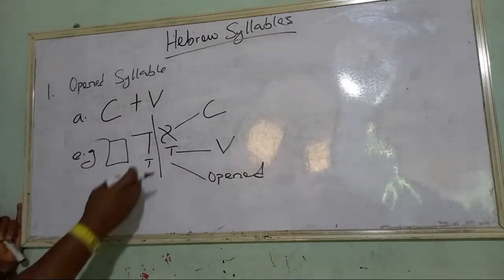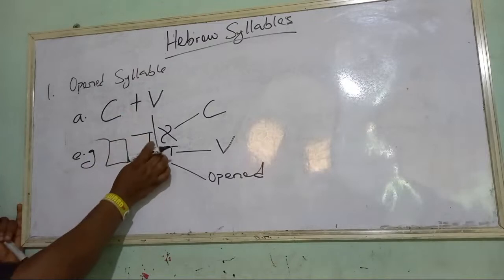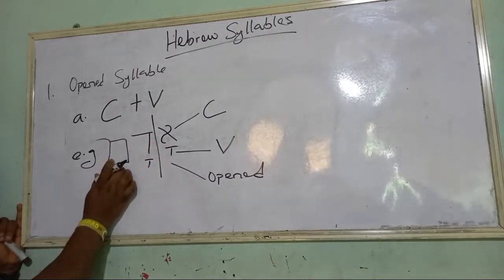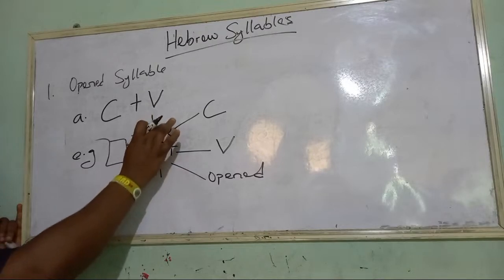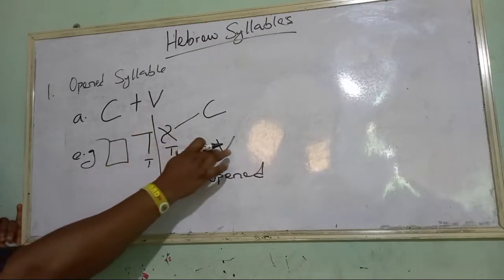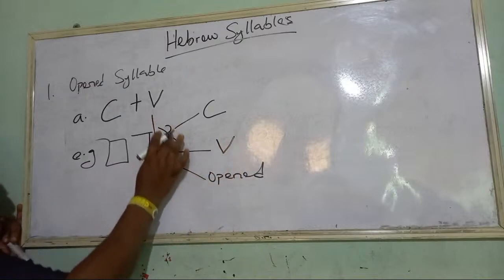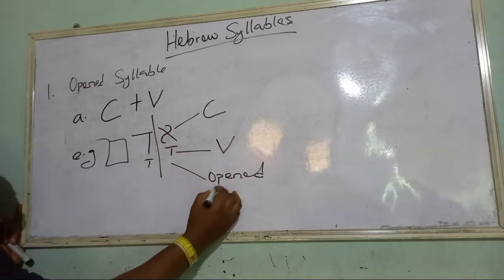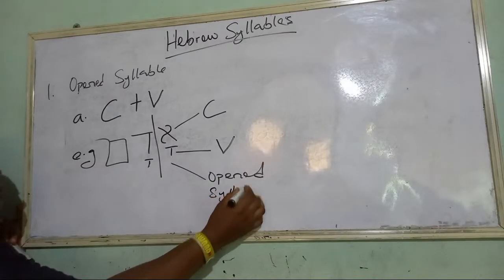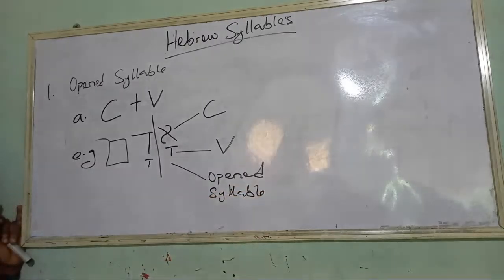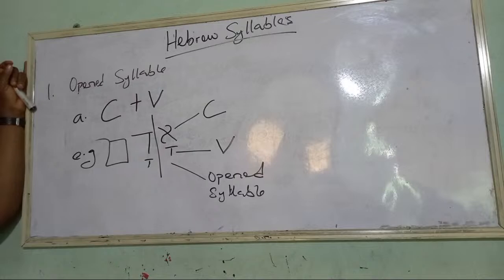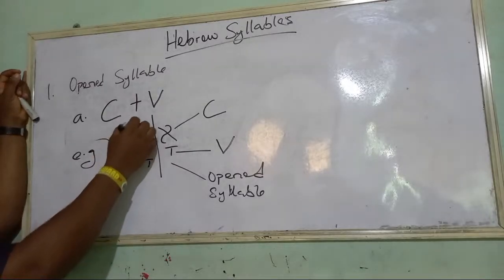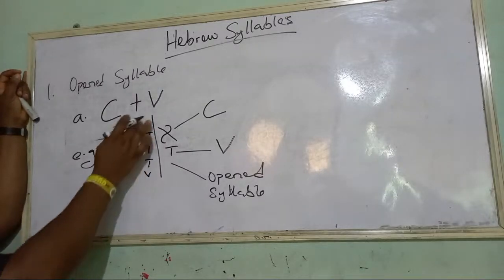For example, in the word Adam, the first syllable comprises consonant plus vowel, so automatically we know it is an open syllable. The second one is consonant, vowel, consonant, so it cannot be open.